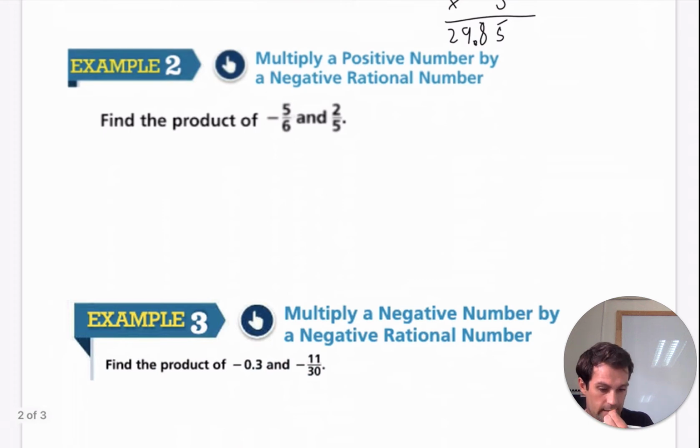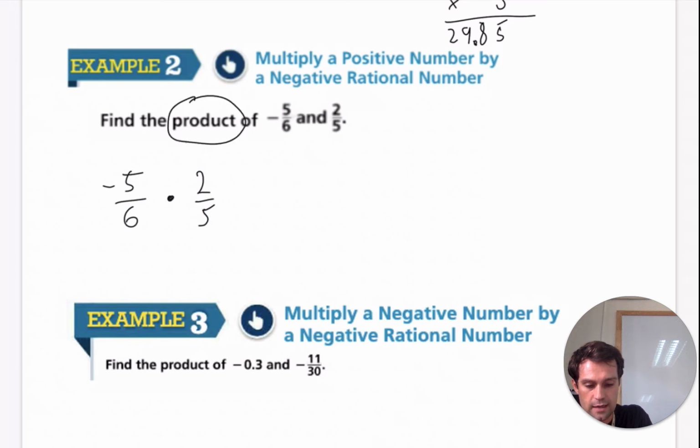All right, find the product of negative 5 over 6 and 2 over 5. So when we're multiplying fractions, we will have negative 5 over 6 times 2 over 5. Product tells us that it is times. The negative could either go to the top, or we could have written it down here at the bottom. It doesn't matter.